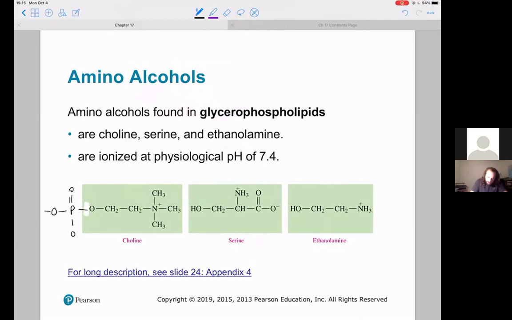The other key piece to point out here is they have these charged amine groups. Okay, so they are incredibly polar because they have this net charge on them.